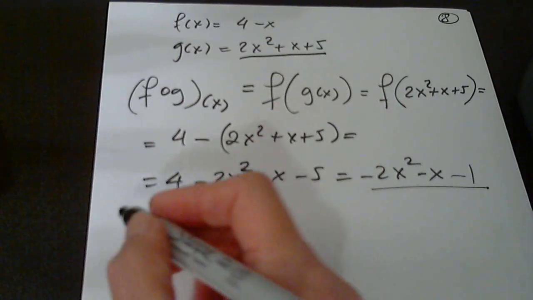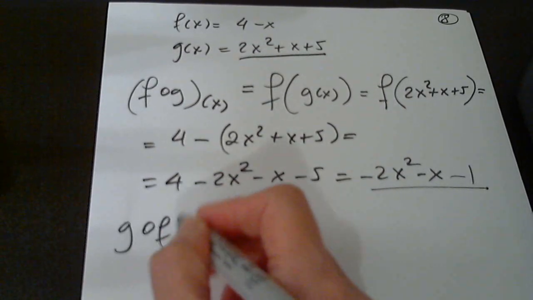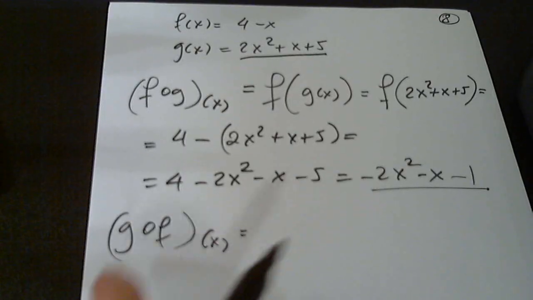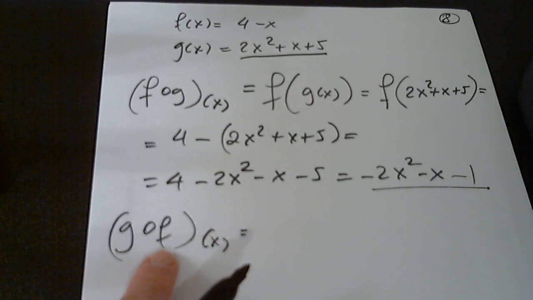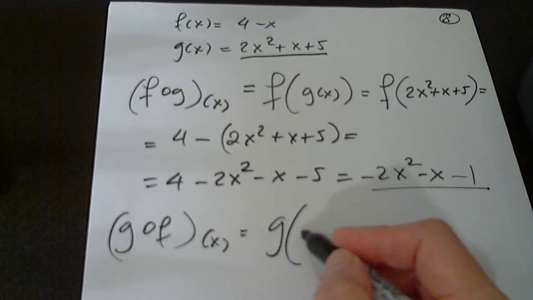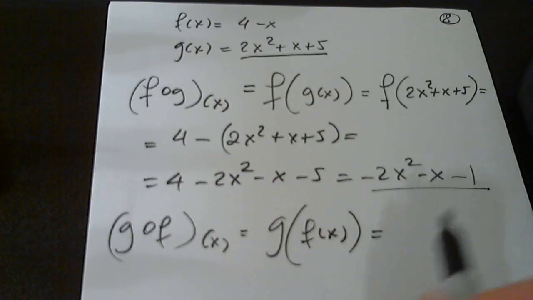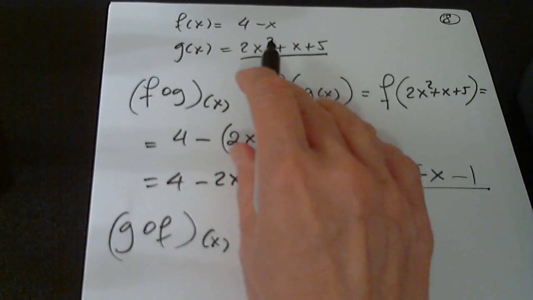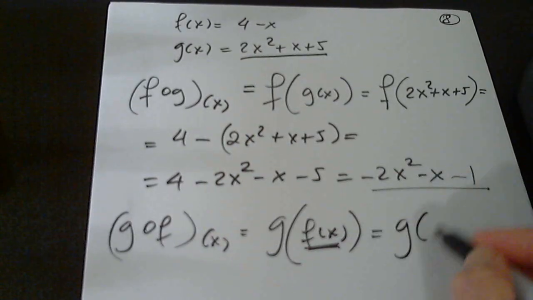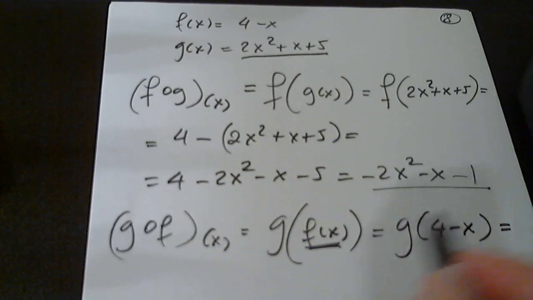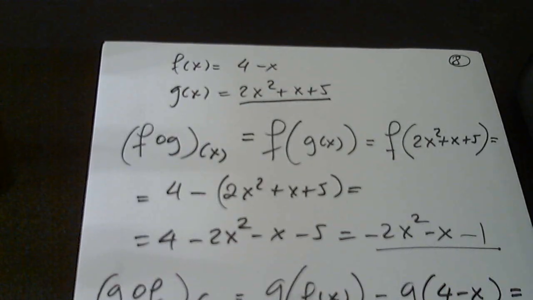Okay, now how do I determine g comp f? By definition, this is g of f of x. I replace f of x by 4 minus x. And now I look at g. What does g say?